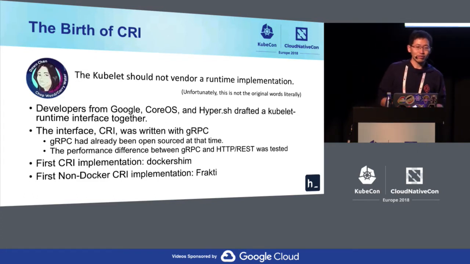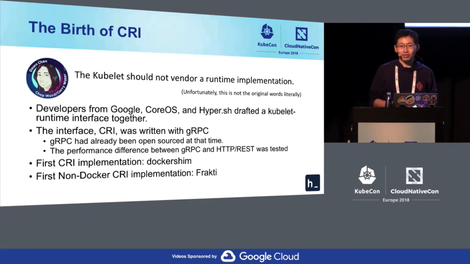This occurred in 2015. You know, gRPC was open sourced in early 2015. So we just had the time to use gRPC and test the difference between the gRPC interface and the HTTP REST interface. And obviously gRPC has better responsiveness, it's quickly responsive, and it's high performance.